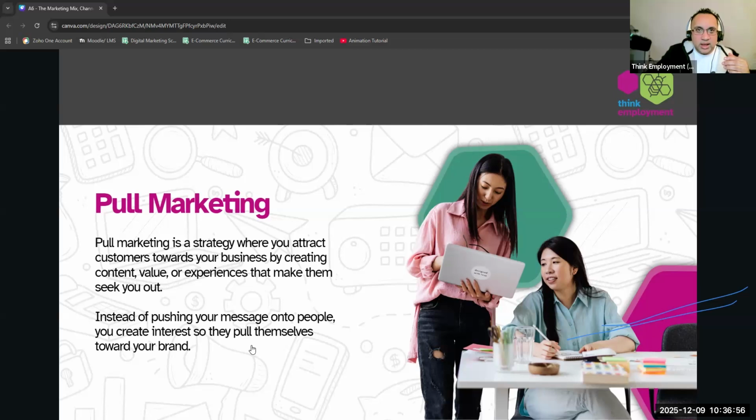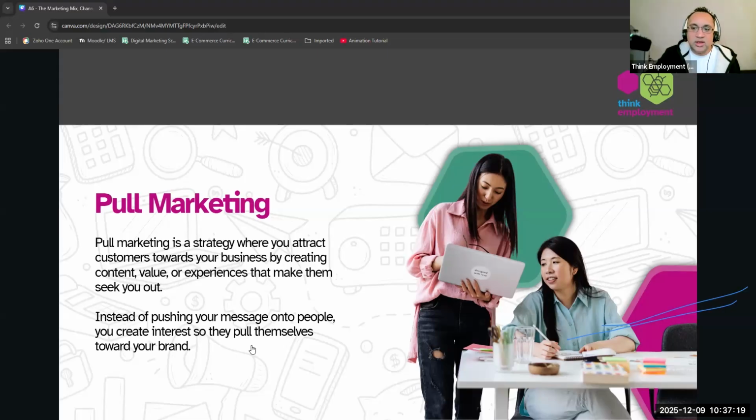You're basically creating content on Medium, you're creating content on YouTube and having links there, kind of creating a way for them to find your product. Okay, not straight away in their face, but they will find you. So instead of pushing your message onto people, you're creating interest so they pull themselves towards your brand.